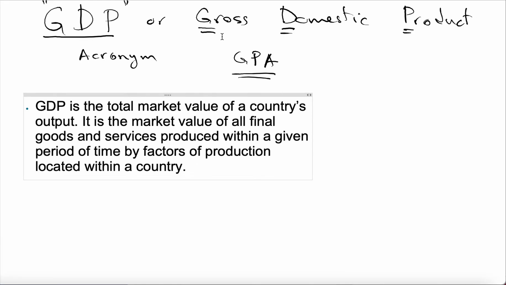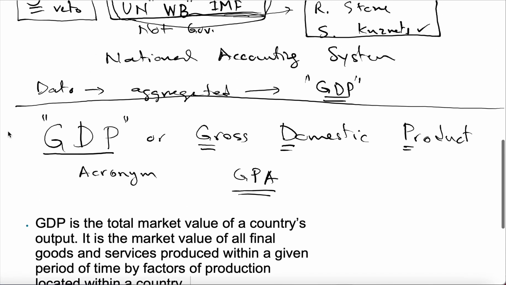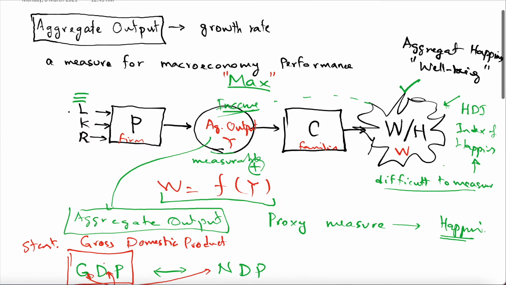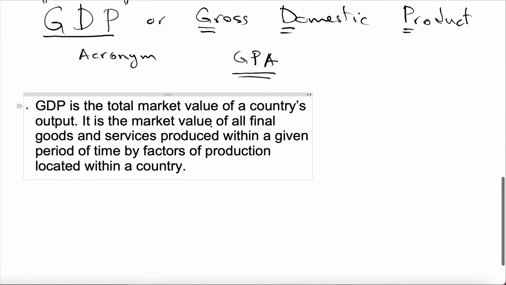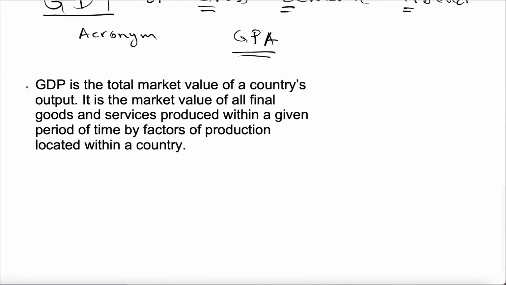The keywords here is gross domestic product in the acronym, but in the definition, let's see what it is. So I already told you that the total production is the GDP. So all the things which the firms are producing is going to be the GDP. And in the definition, that is also the same. So I pick up my red pen to underline the words which are key in this definition.